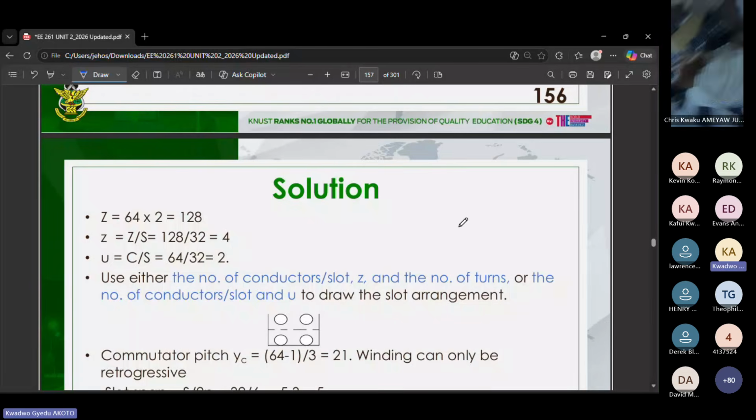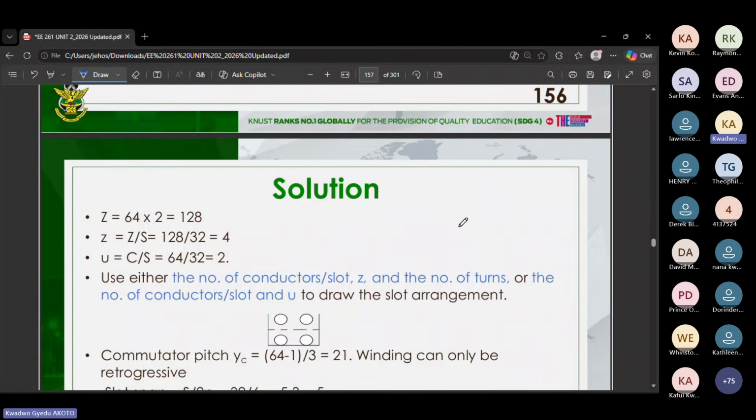If we have a singleton coil, then that just means that the number of rows per layer is equal to 1, right? And it's a 2-layer slot.